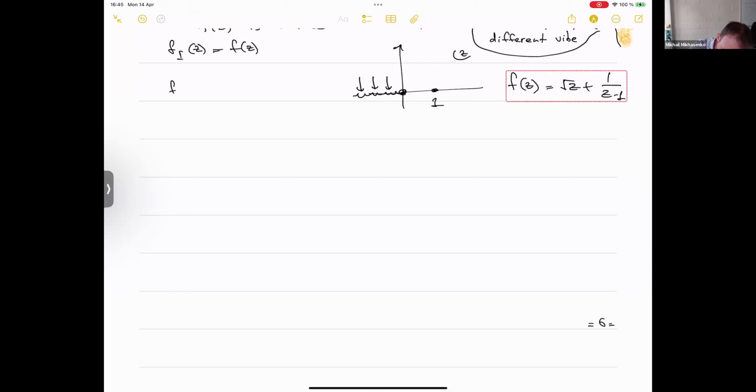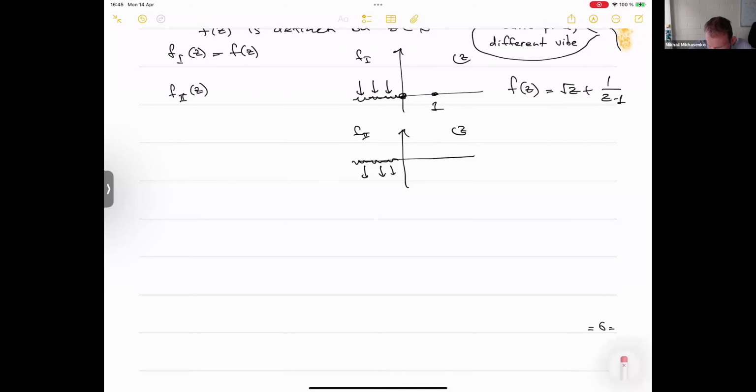What if I tell you that I come up with another function, f2(z), that's also defined on the z-plane? Here is f1 and here is f2, a different function, but it has exactly the same values as my original function below the cut.